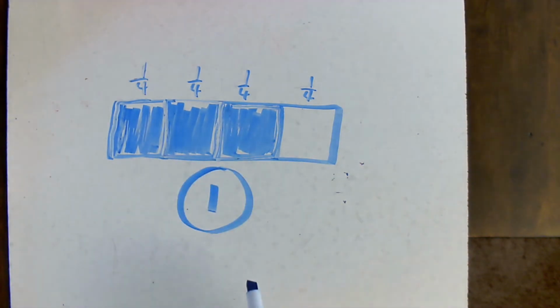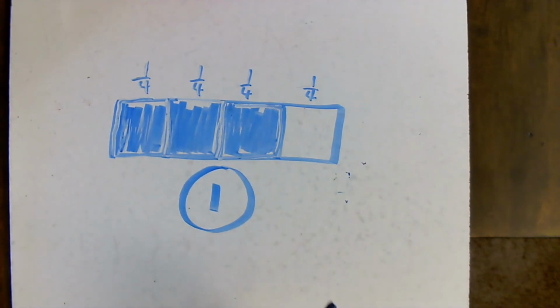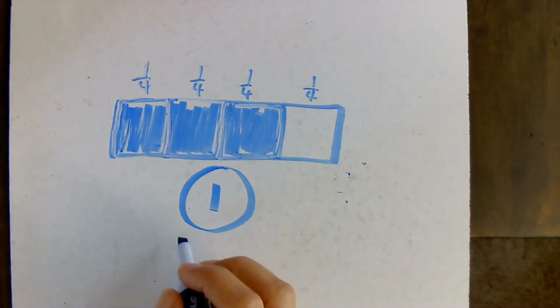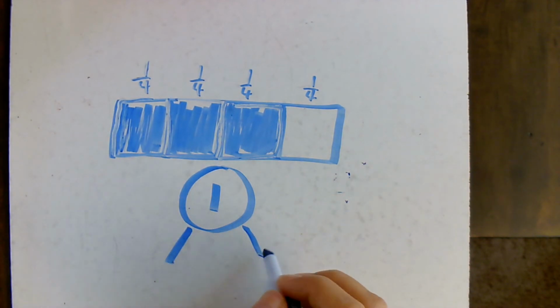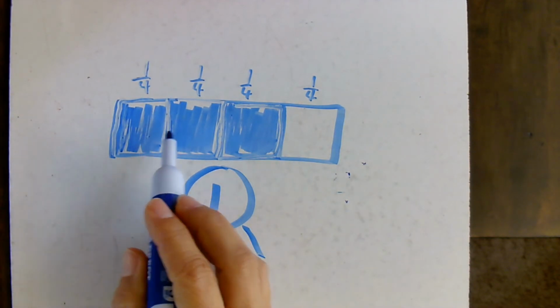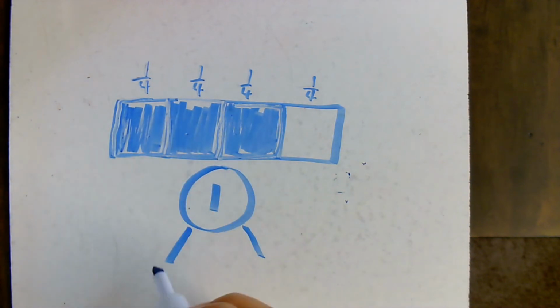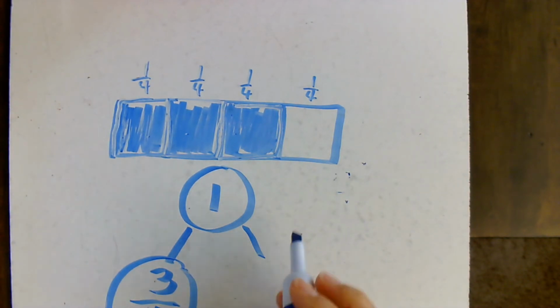The whole thing is 1, okay? And then what we're going to do is we're going to break that, and we're going to show the fraction. How many parts are shaded in? 1, 2, 3. 3/4 are shaded. So I'm going to write 3/4. Okay. And then how many parts are not shaded? 1/4.